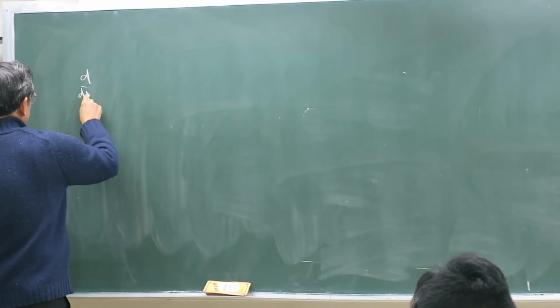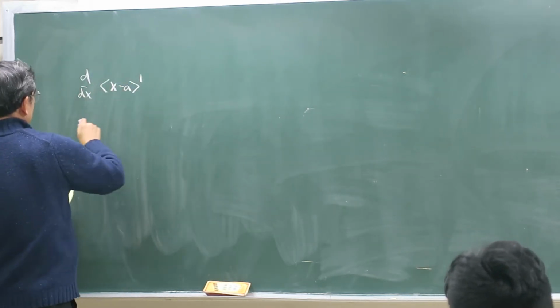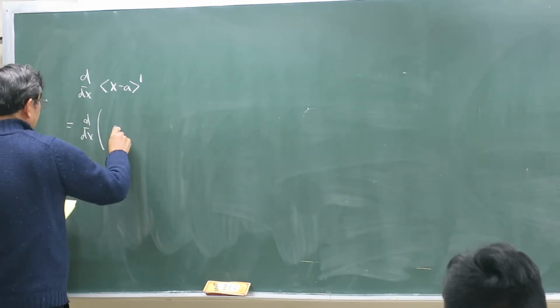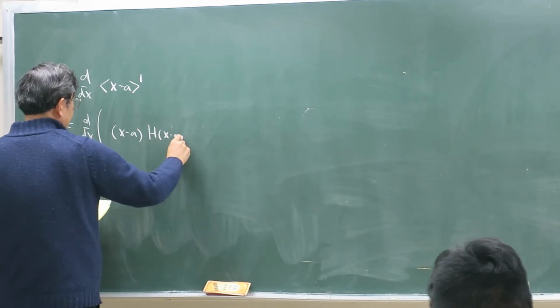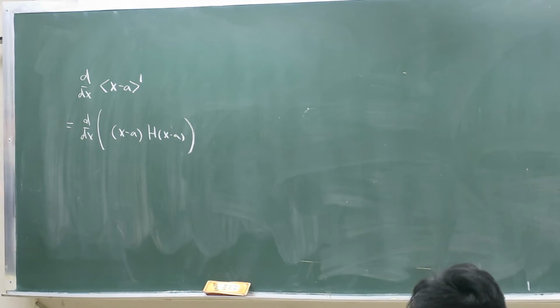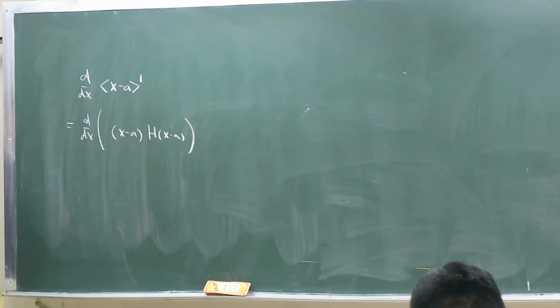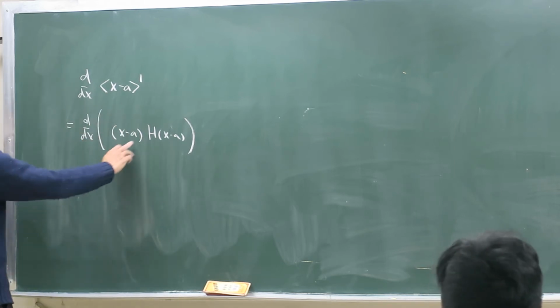d/dx of (x − a)^1. Now, in d/dx of (x − a) times the Heaviside function H(x − a), right? With this general formula, we just do the derivative.